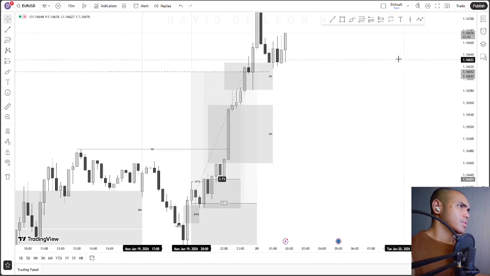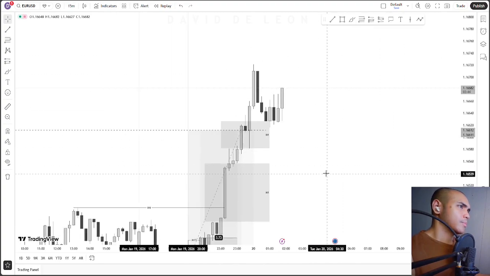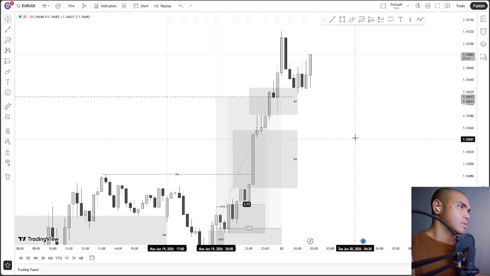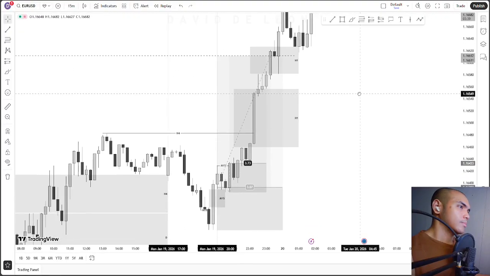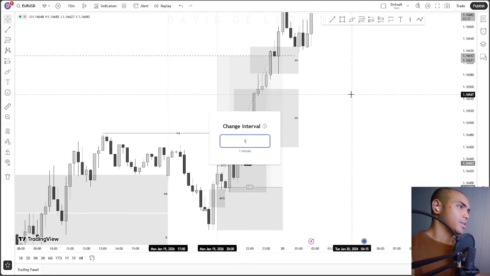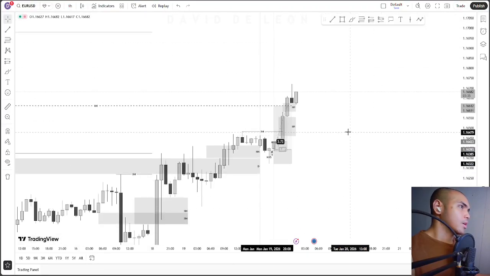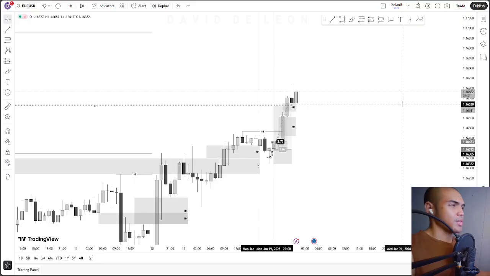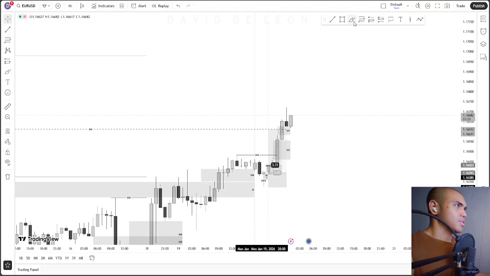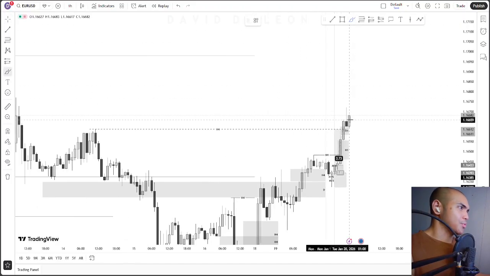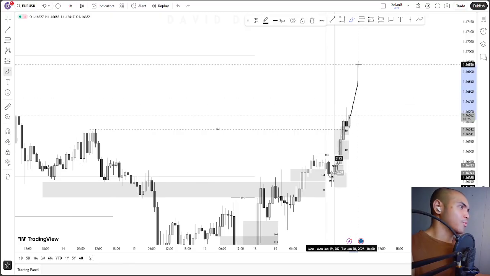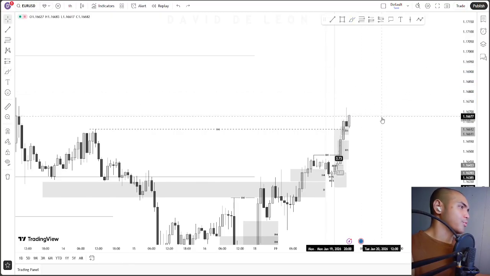Anything else? I think that will be it. So I'm not going to monitor the price. I'm not interested if this price happens to move to the upside even further.